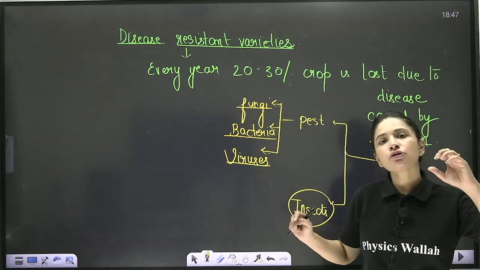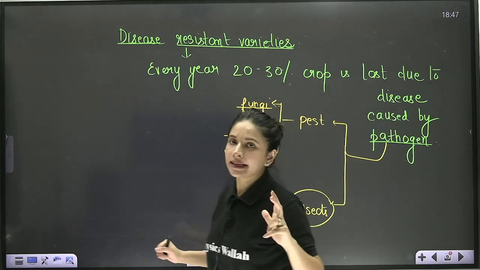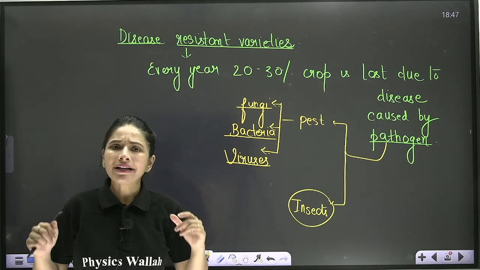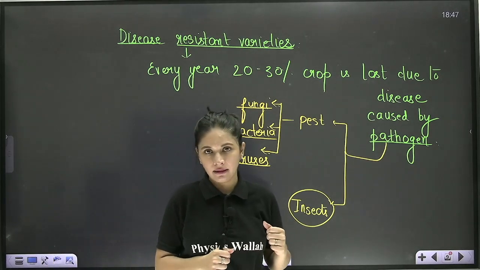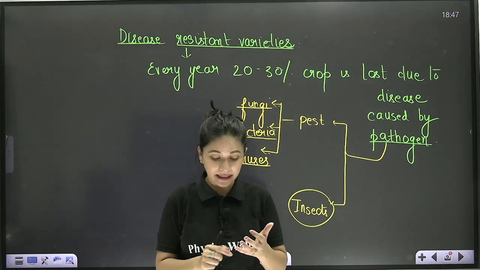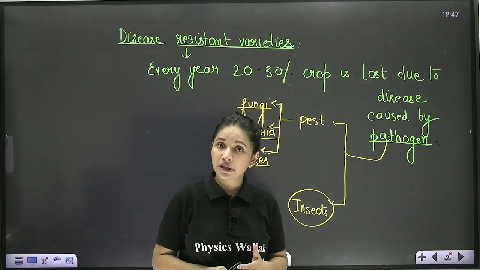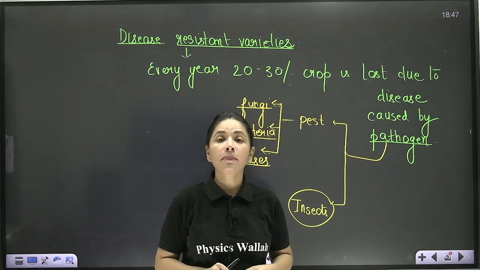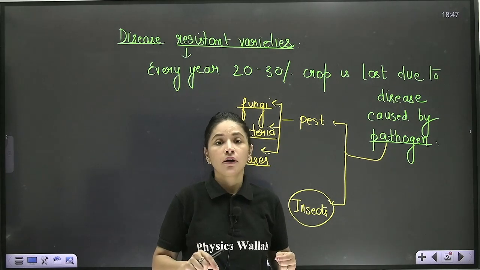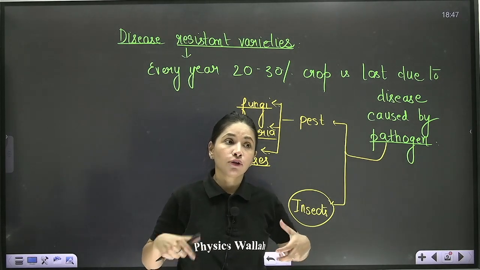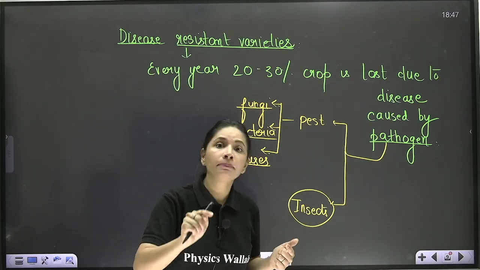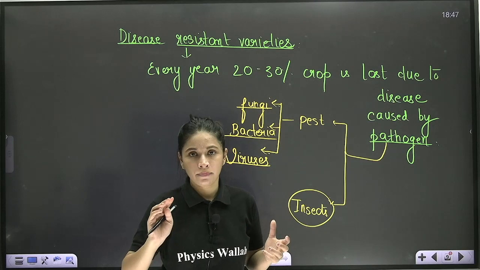Right? Now, there are two ways to develop good varieties. One is conventional, that is the old method. Now, what is the constraint of this conventional method? Why should we go towards mutational plant breeding? See beta, when I talk about conventional plant breeding, that means hybridization, you can only perform it for those qualities whose variety is already available in nature, right?